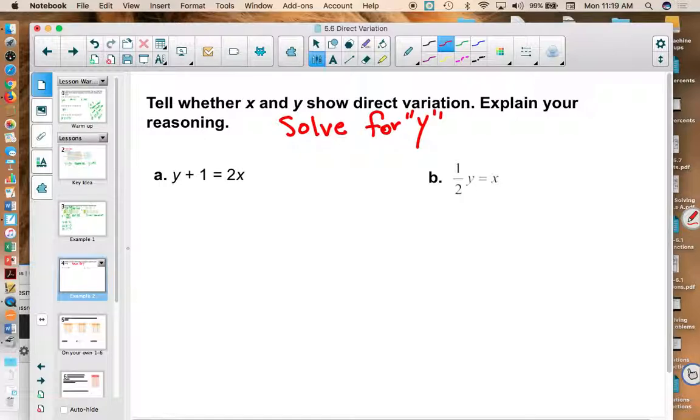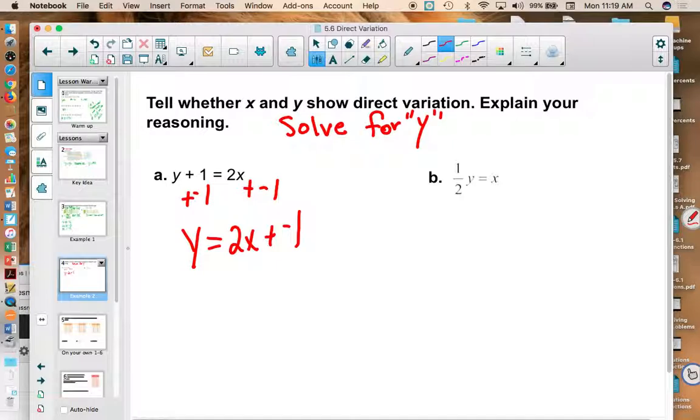What do I need to move out of there? The 1. And how am I going to do that, Jillian? Add a negative 1. Great job. Y equals 2x plus negative 1. Okay?